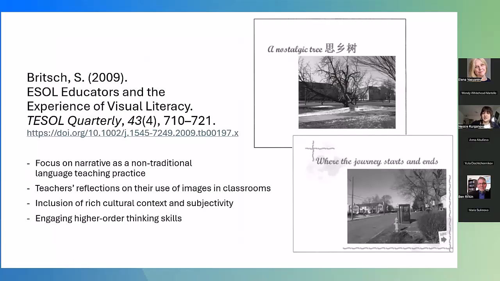And of course, to be able to teach visual literacy, us educators have to be visually literate and visually aware ourselves. A paper that I really love that explores that by Susan Bridge talks about a graduate level course at an American university where a group of teachers, not all of them native English speakers.